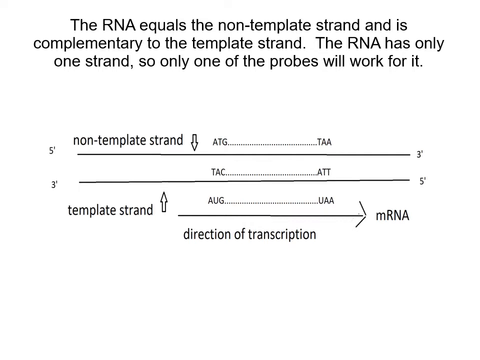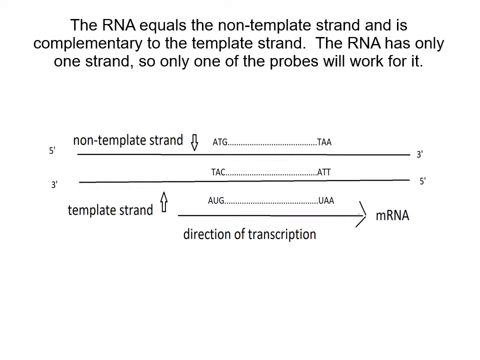itself, right? So when transcription happens, RNA polymerase hops onto the template and starts copying in a 5' to 3' direction on the molecule that's being synthesized, and makes a complement to that template strand. If you look at the sequences, the complement of the template strand is, of course, the non-template strand.